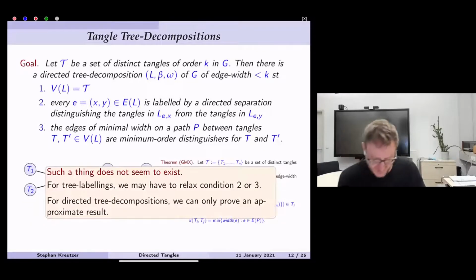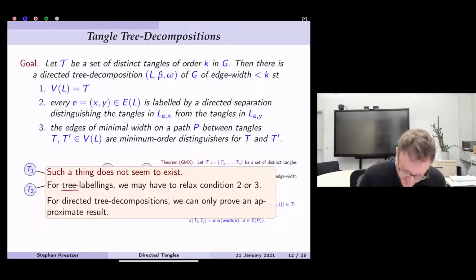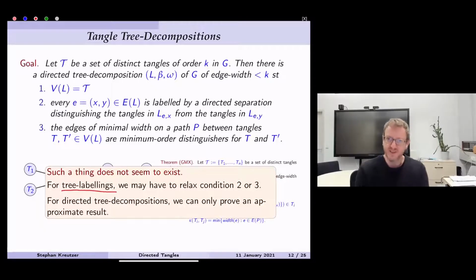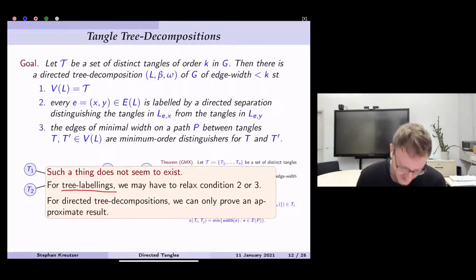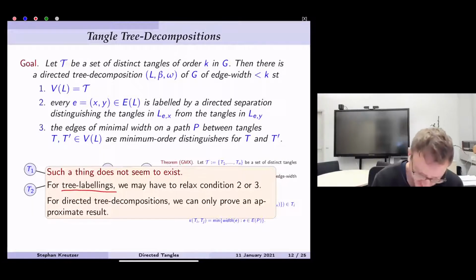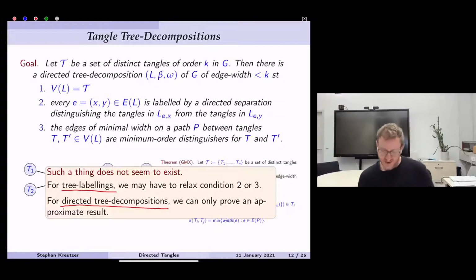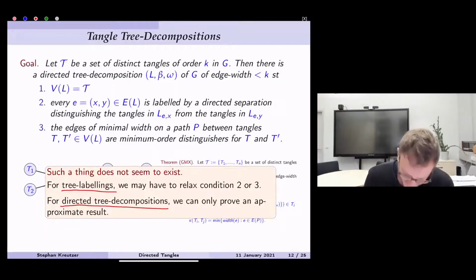So we prove something, and this is for what we call tree labelings, and I'll define that formally in a moment. Of course, the more natural thing you would like us to prove, I guess, is that there's a directed tree decomposition of the digraph G, which distinguishes all maximal tangles or all tangles in T. And I do not expect you to know what the directed tree decomposition is, and I'm also not sure I want to define it, maybe if there's time later on.